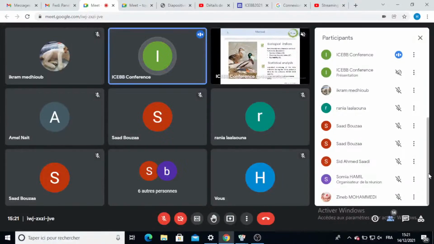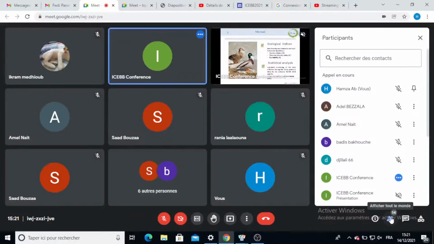Statistical analysis: the statistical processing of the data collected during the study is done by the software.